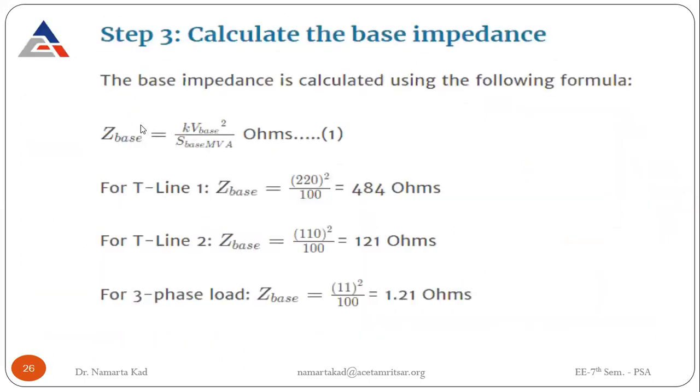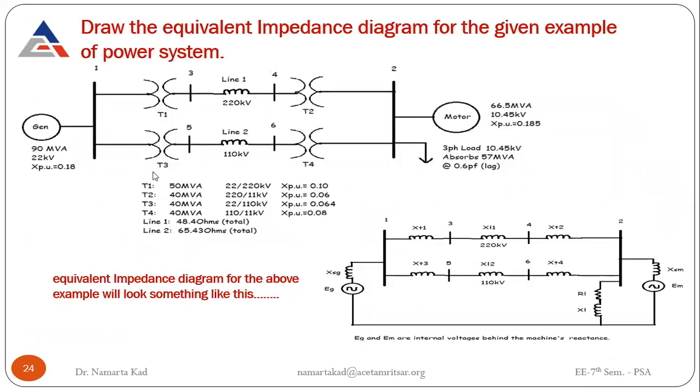See here in the question. X per unit is given 0.18, voltage 22, and our assumed base in this region is also 22. MVA given is 90, but our assumed base MVA is 100.